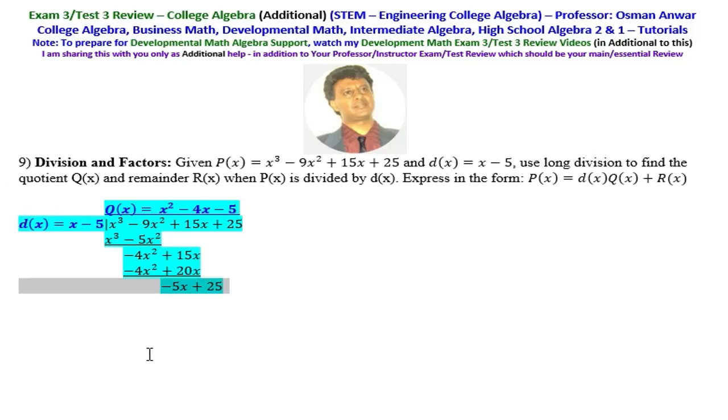Then minus 4x squared minus minus 4x squared is 0. 15x minus 20x is minus 5x. Bring down the 25. Then divide minus 5x by x, which is minus 5. Put minus 5 here. Minus 5 times x is minus 5x. Minus 5 times minus 5 is plus 25.